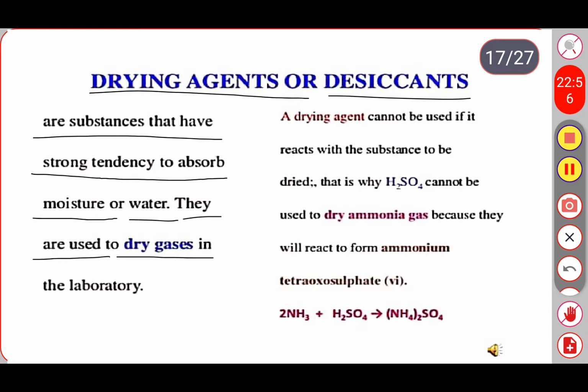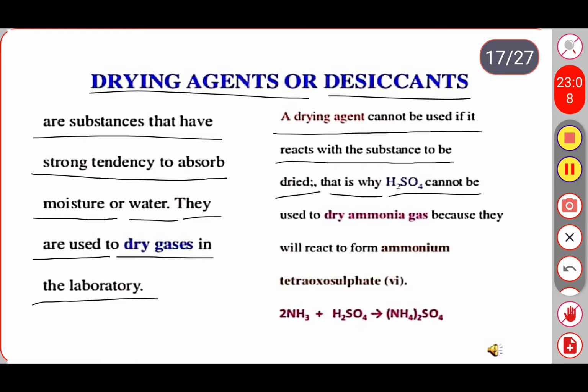A drying agent cannot be used if it reacts with the substance to be dried. That is why H2SO4 cannot be used to dry ammonia gas, because they will react to form ammonium tetraoxosulfate.